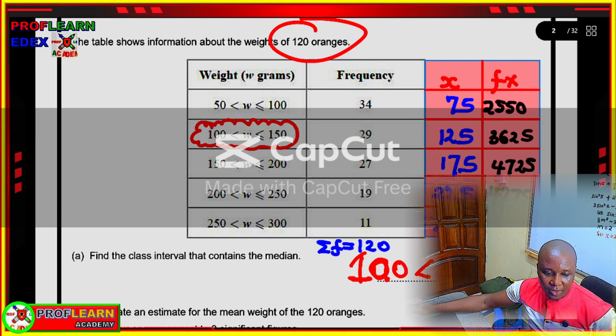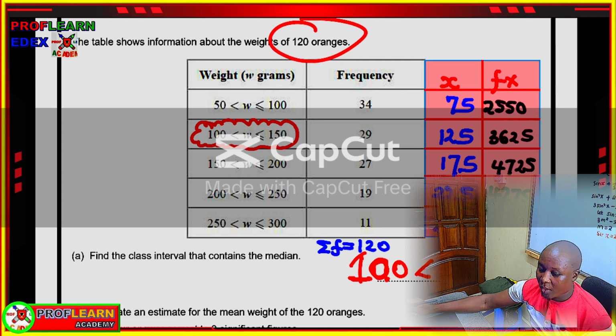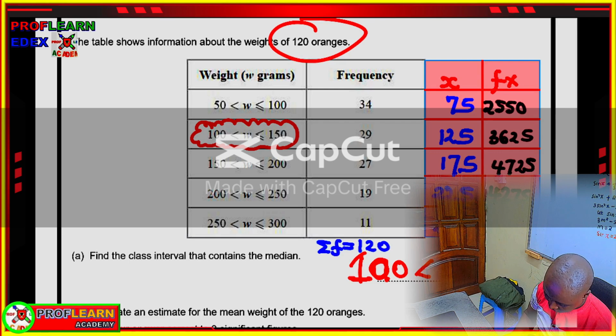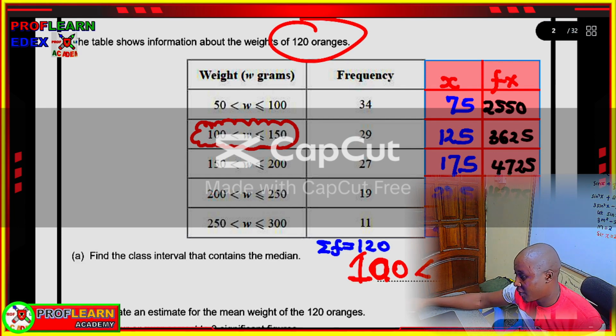It will be 2550 plus 3625 plus 4725 plus 4275 plus 18,200. If you add that, we are going to get a total of 33,375.